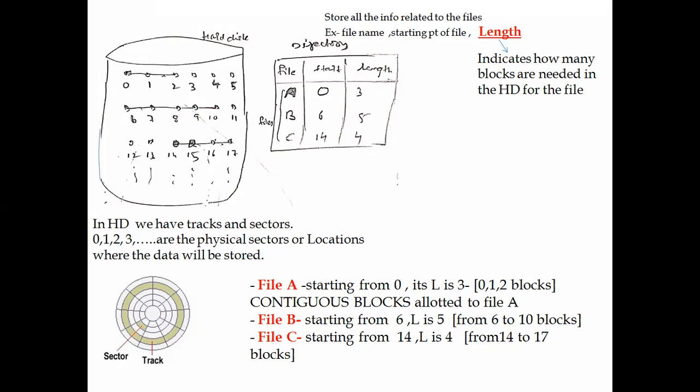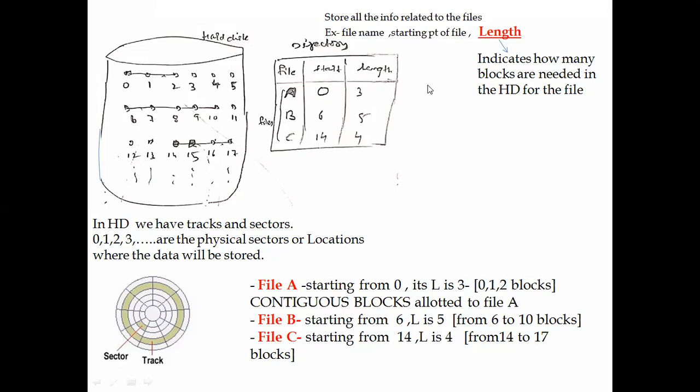For example, the file name, as well as the starting point of those files, as well as the length of the file. This length indicates how many blocks are needed on the hard disk to store the file.